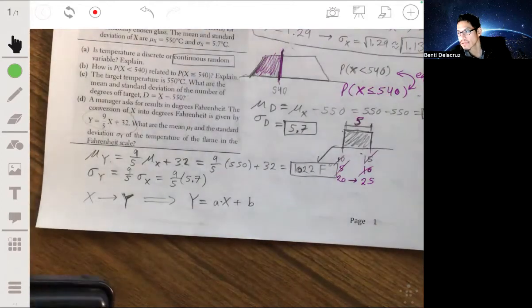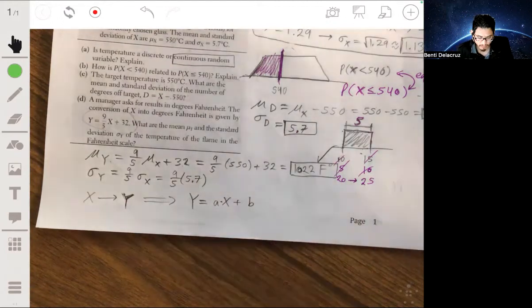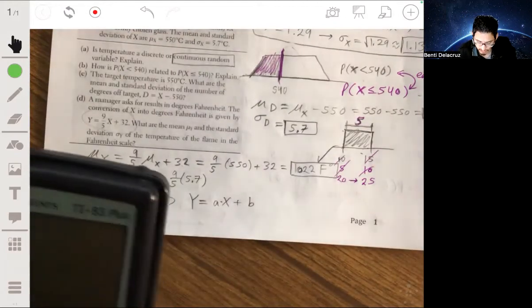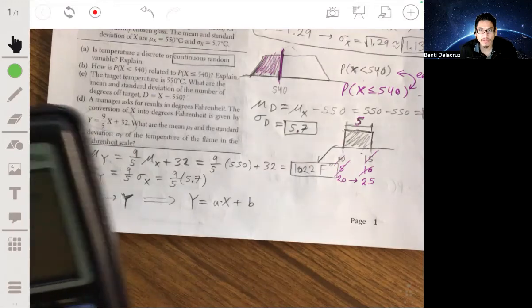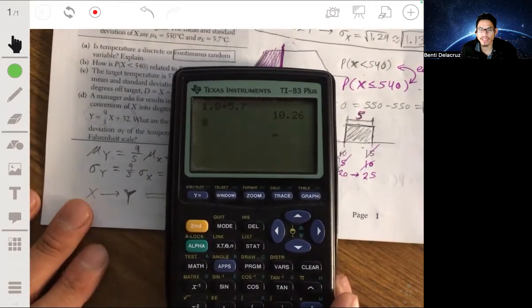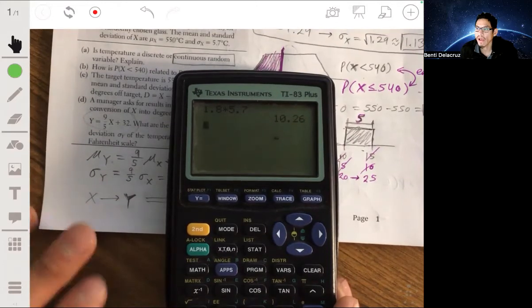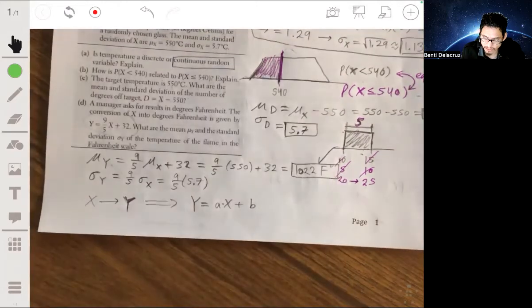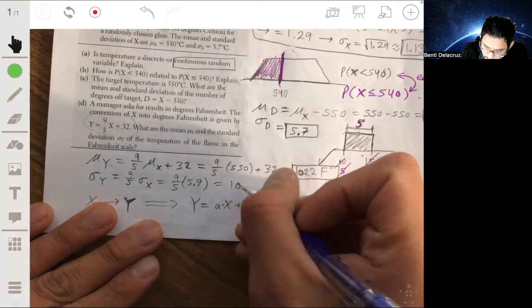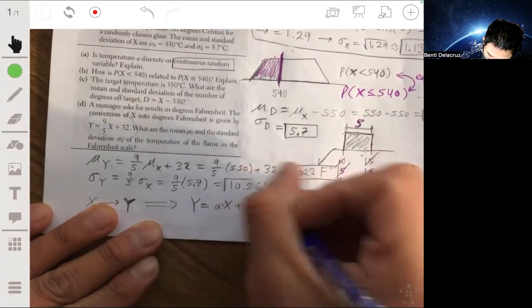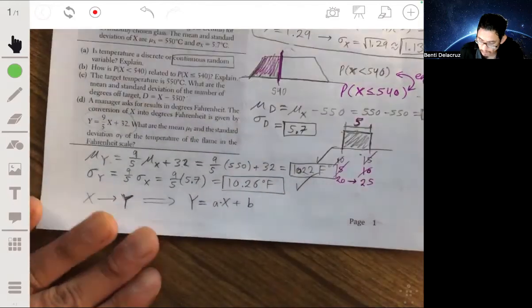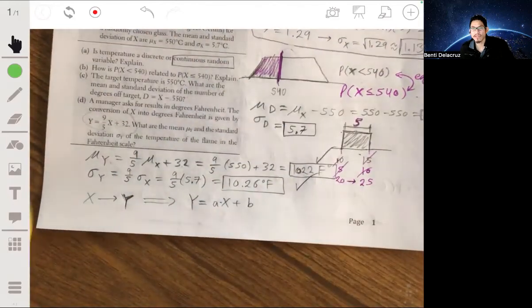I typed it wrong. You get 1.8 times 5.7, and that'll be 10.26 degrees Fahrenheit. And that's all there is to it.